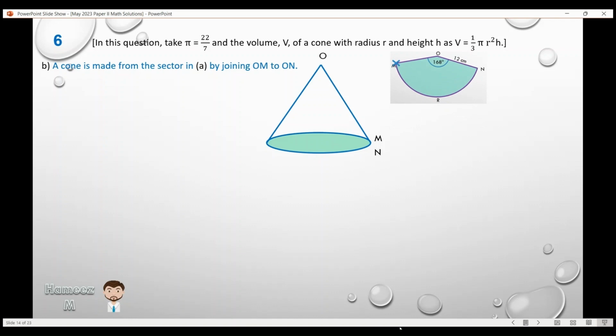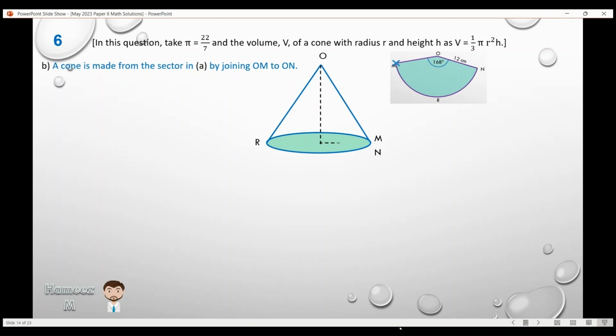So the two radii of that metal sheet overlapped. And if we consider O, M, and ON, M and N being in the same place, then this cone forms a circle at the base, which we have in that color teal. So we have M, and that side will be R, and then N. So it gives us that circle at the base MRN.